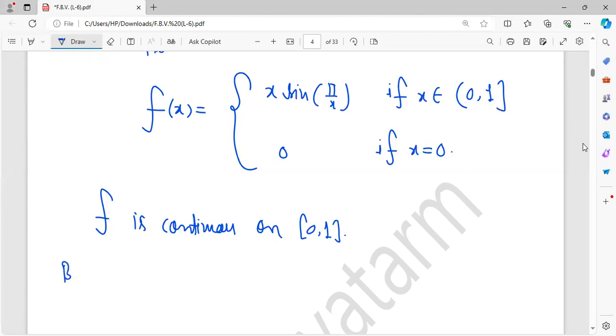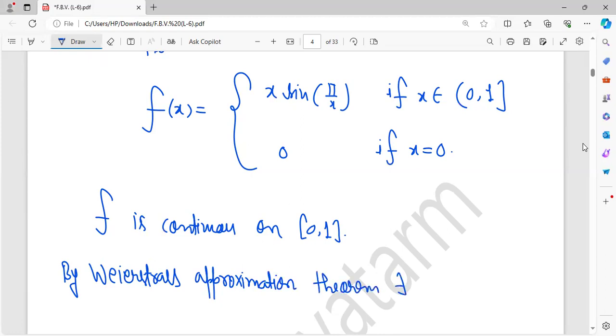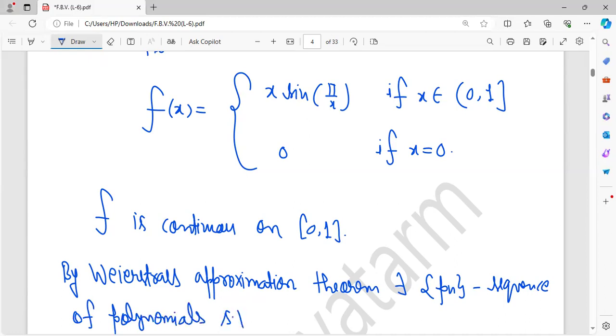Now by the Weierstrass approximation theorem, there exists Pn, a sequence of polynomials, such that Pn converges to F uniformly on closed interval 0, 1.